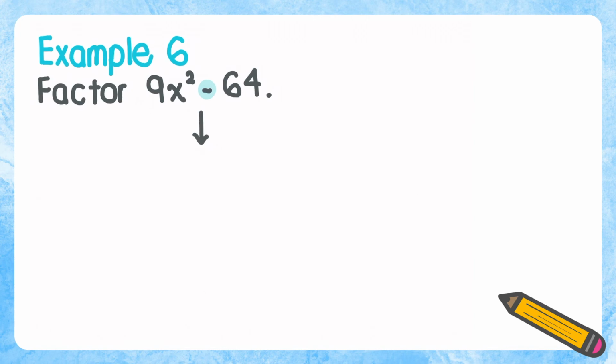So up next, we're going to take it one more step. So we will factor 9x squared minus 64. So right here, there is a difference. So it's just a matter of rewriting it as a difference of two squares. So let's rewrite that.